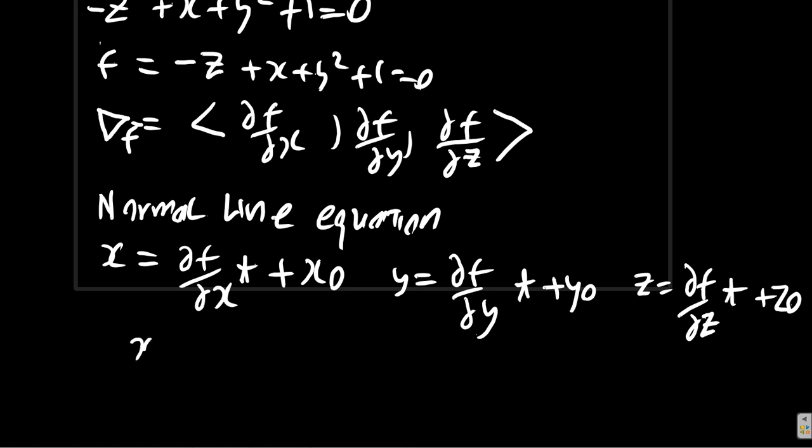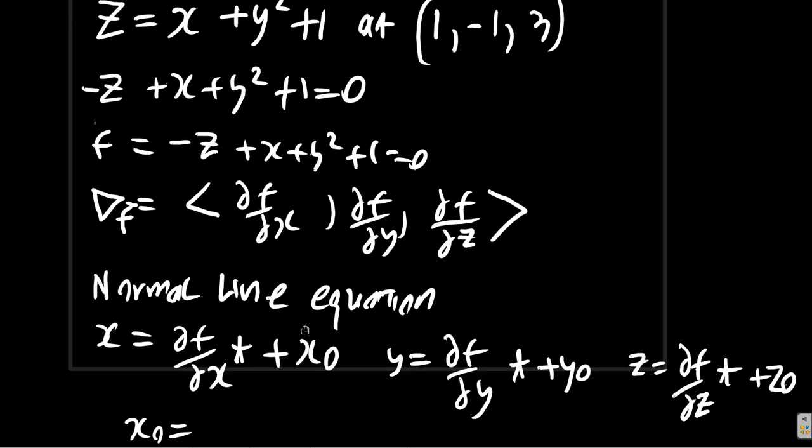Remember, our x0 is equal to 1 based on what we have here. y0 is equal to -1. z0 is equal to 3.